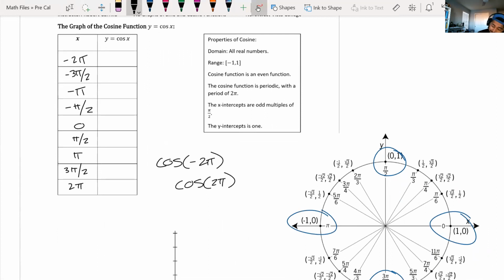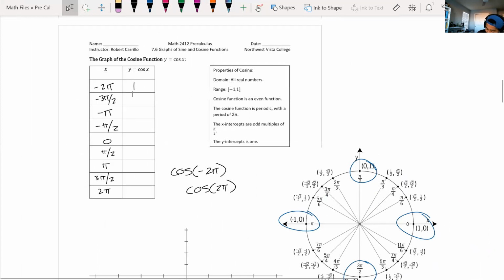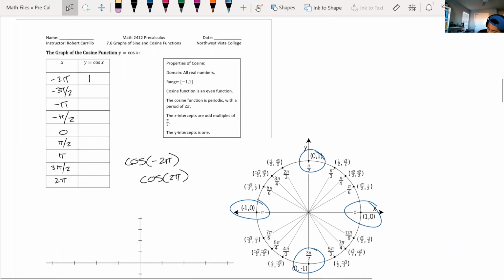One. Good. What would the cosine at -3 pi over 2 be? Zero.